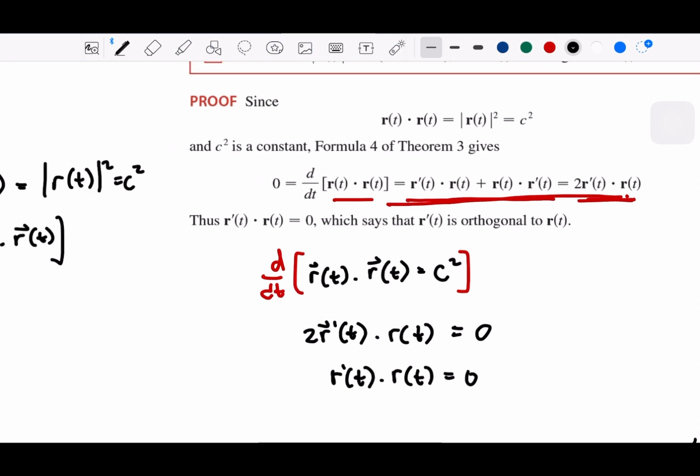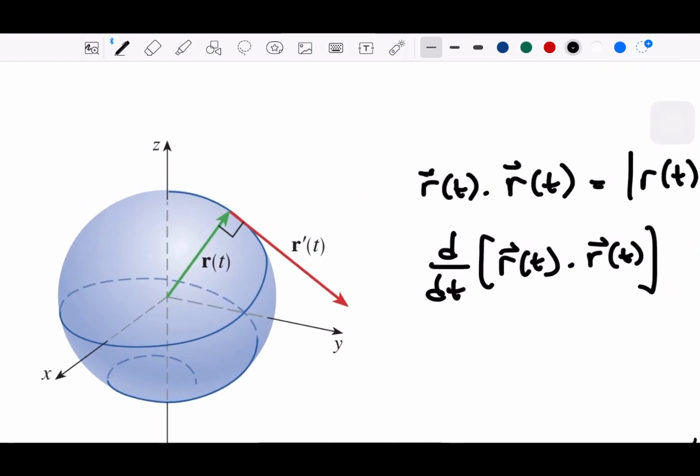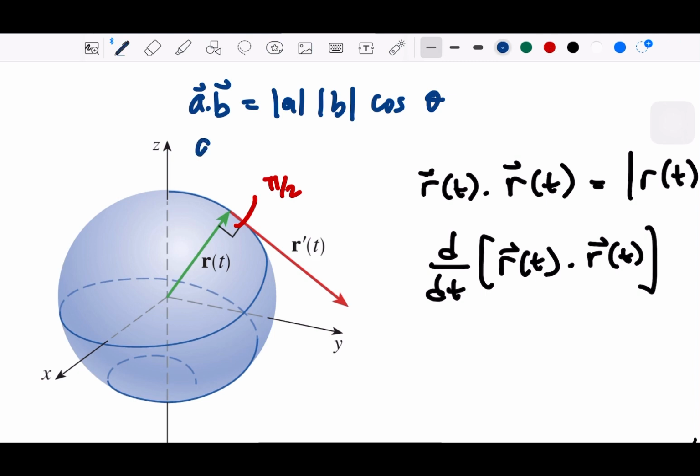Or if you want to visualize this orthogonality, you can also look at these two vector functions here that are going to have 90 degrees, right? Remember that the dot product is going to equal cos theta, and here the theta is 90 degrees, which means that this will be 0 if both of them are orthogonal.